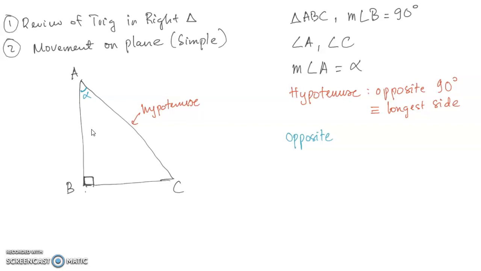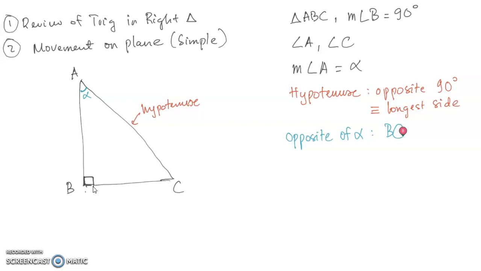Remember that. The opposite of alpha, if we have an angle alpha here, so where's the opposite? Opposite this is BC.